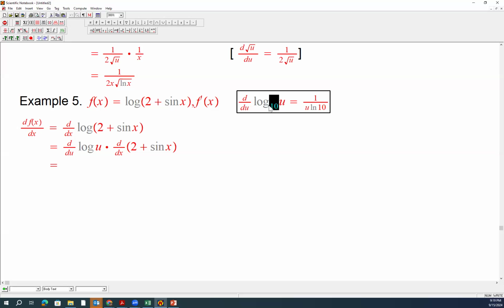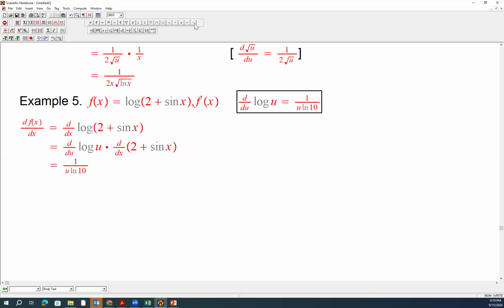And common log base 10 by default is that. So the derivative of log u with respect to u is 1 over u times ln 10. So that's what we need here. So we're going to replace this part by that.